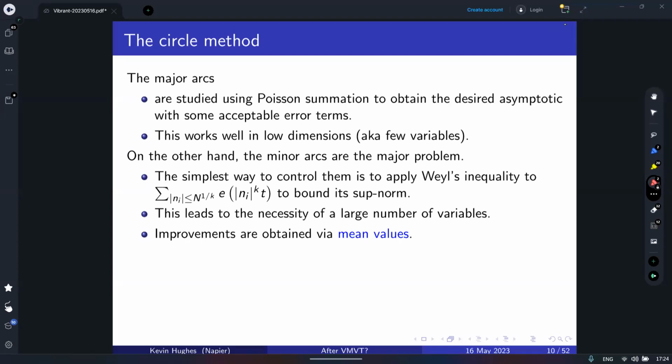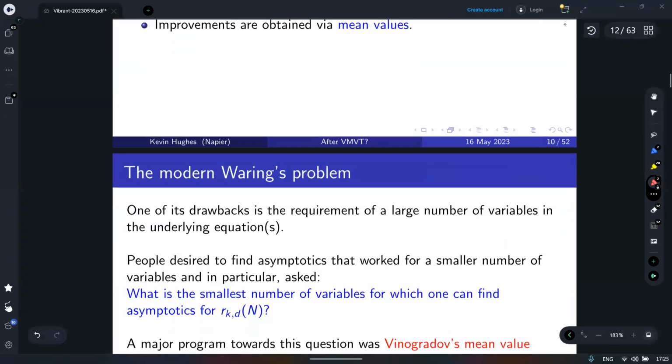That just gets you a bound on the whole norm, away from these low frequencies, these major arcs. But the bound coming from Weil's inequality is quite poor, and that's what makes you need a lot of variables. The way around this is to actually get mean value estimates, which are almost the size of what you want. And that is what we're going to be getting to soon.